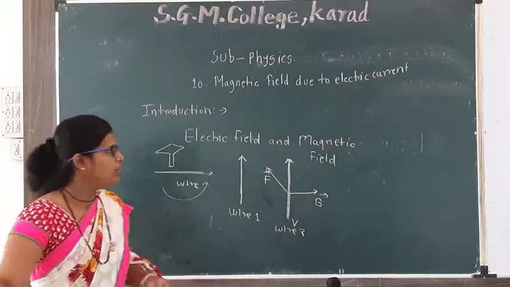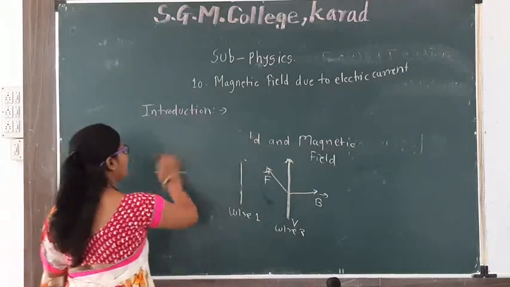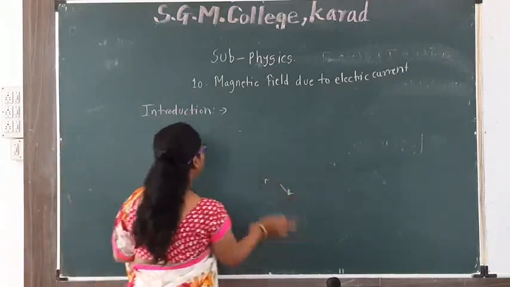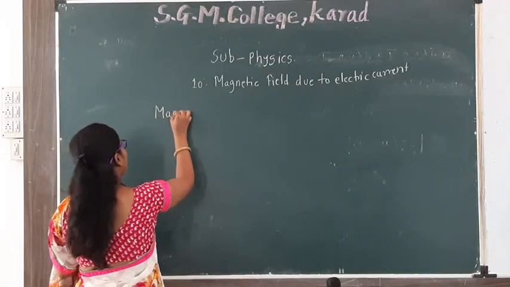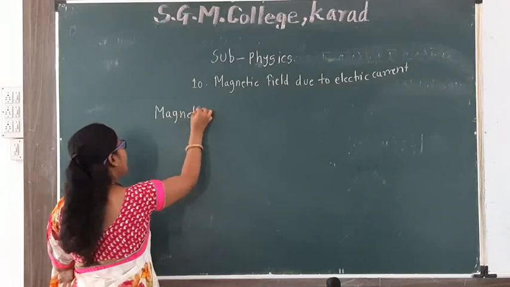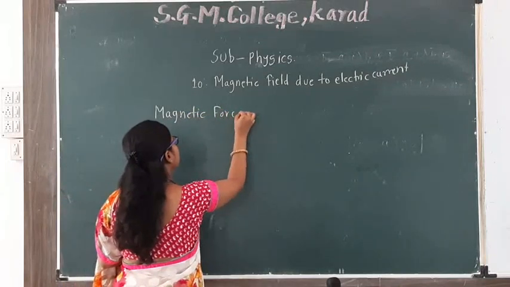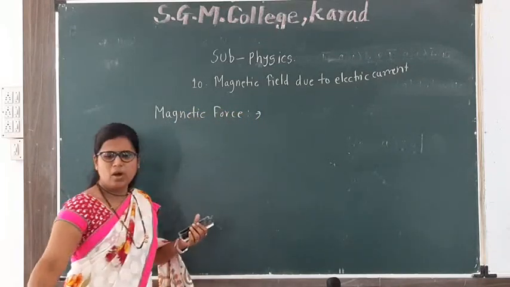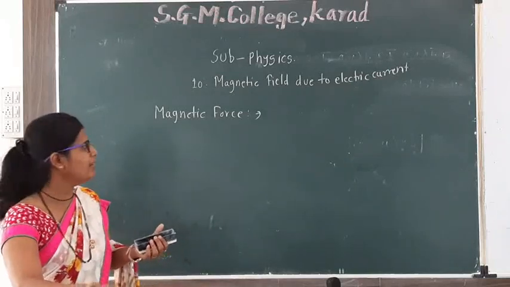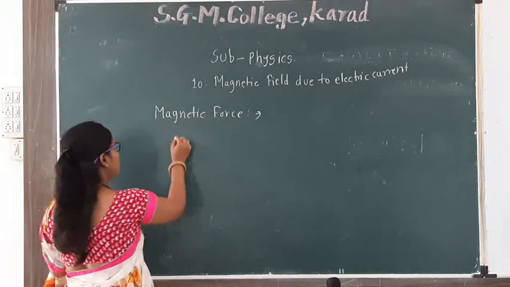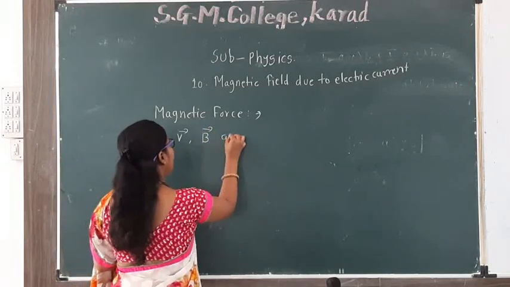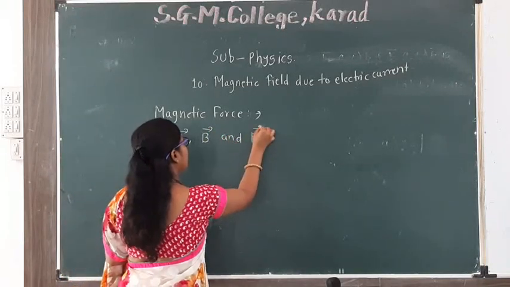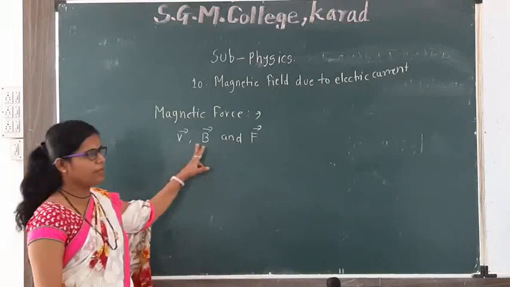Now the next article is magnetic force. In this discussion, we realize that there are vector V, vector B and vector F, with cross products between them.